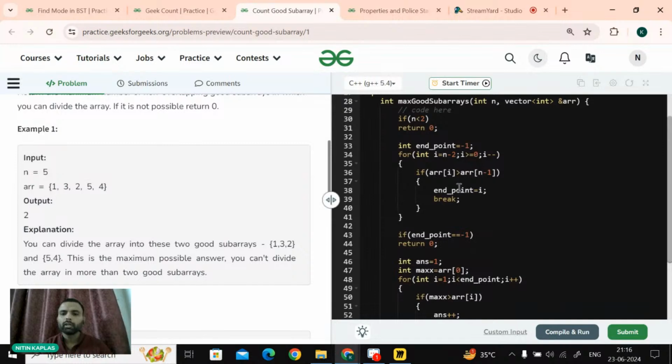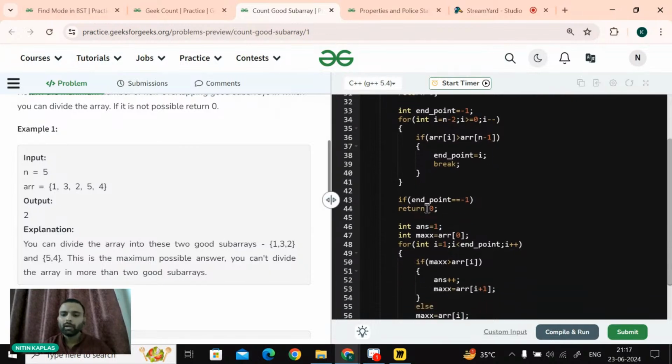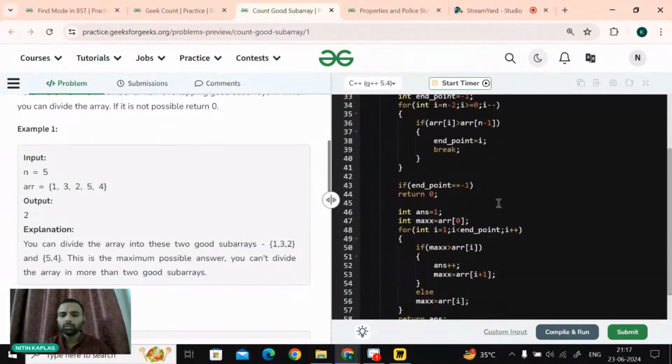After that, as I told you, endpoint is -1. Simply traverse from the end, n minus 2, and make your max element array of n minus 1. So when your current element is greater than your endpoint, simply update your endpoint, right, and break that loop. If your endpoint equals minus 1, simply return 0 in that case.